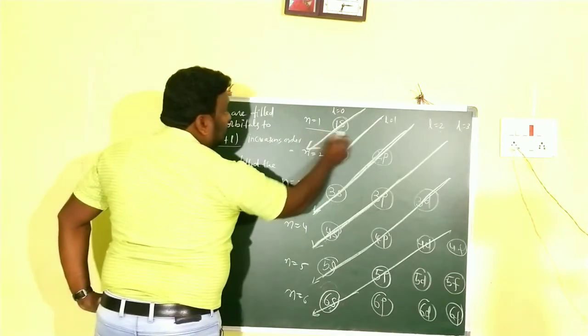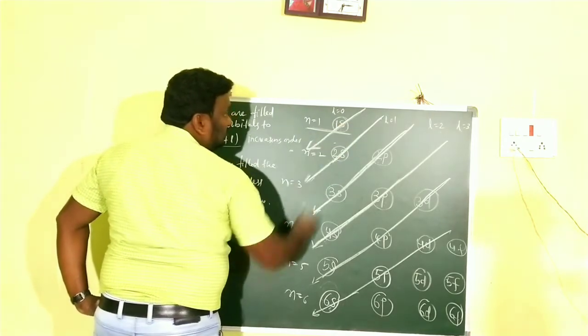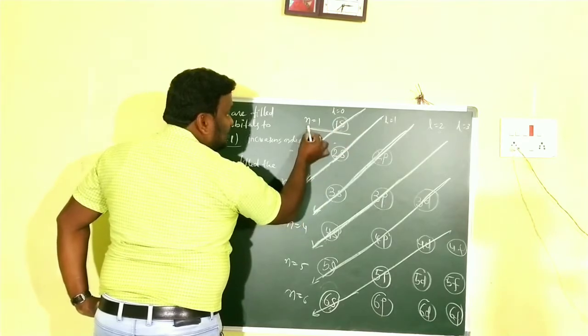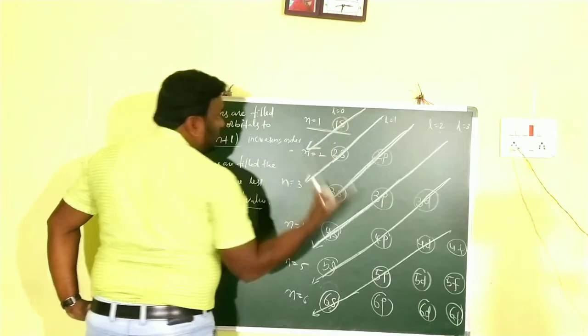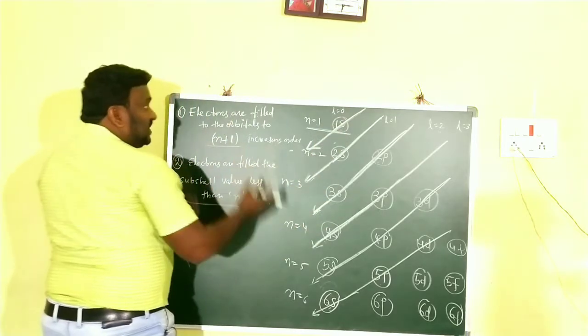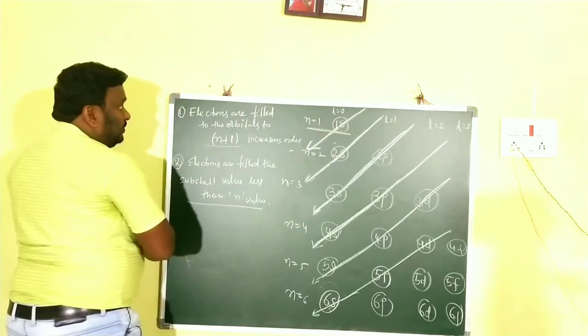Here for the first one, what do you have? Only 1s, n equals 1, l is 0. That means 1 plus 0 is 1. So first it starts with 1s. Clear?